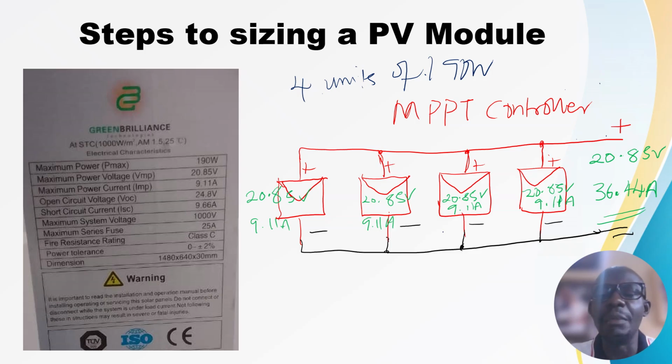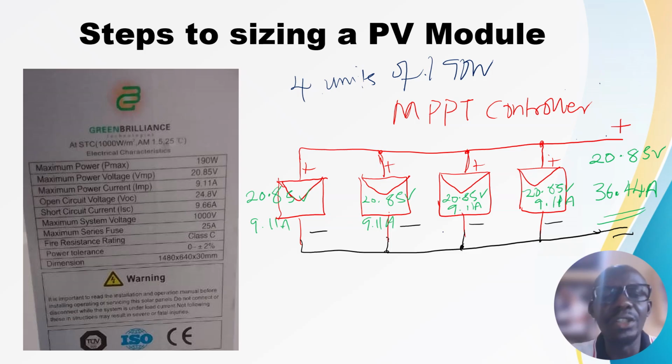So I'm using an MPPT controller. I can decide to do this. My MPPT will do justice, and you know that there are different levels of charging. We have floating charge, we have absorption, we have equalization charge. The MPPT will do justice to all these things. And if I'm not connecting like this, I can decide to connect two in series, that is to have two strings, and then do a parallel connection at the end.